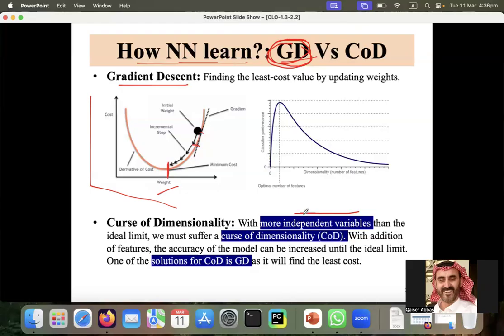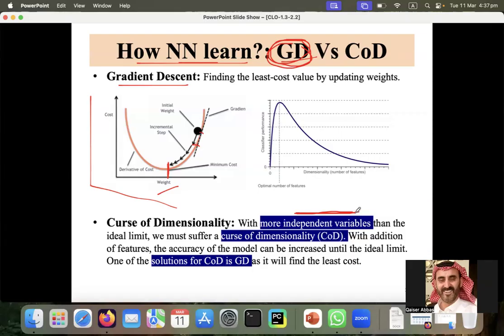If the number of independent variables or features is more than the ideal limit that is good for your model to give better accuracy, then you will face the curse of dimensionality.